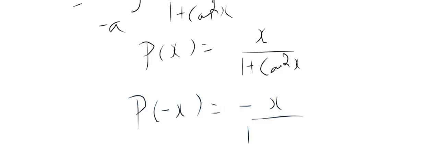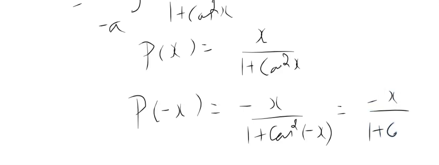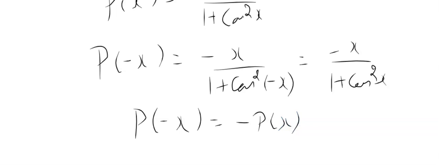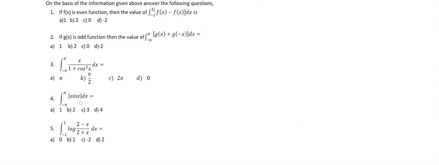Now, what will be p of minus x? P of minus x is equal to minus x by 1 plus cos squared minus x, which is nothing but minus of x by 1 plus cos squared x. So, it is clear that p of minus x is equal to minus of p of x. Therefore, it is an odd function. Hence, the value will be 0. Hence, option D, 0 is the correct answer.